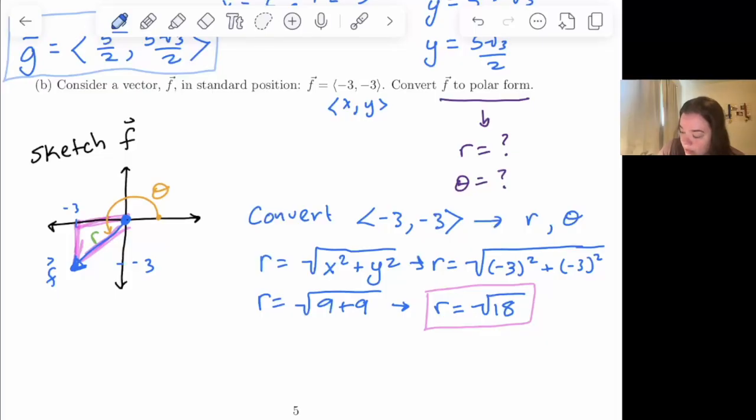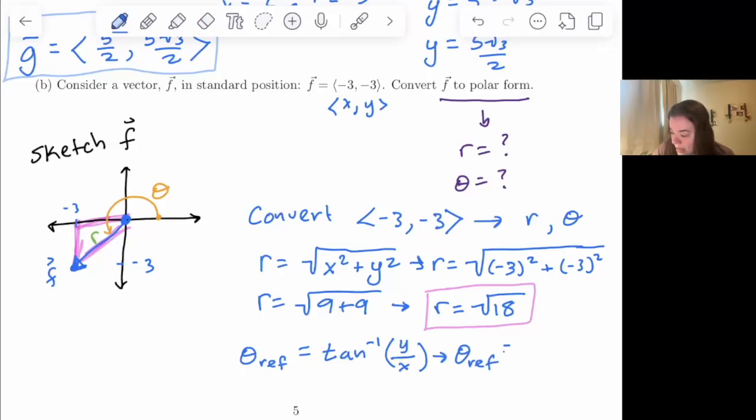You'll see in the conversion factors listed, the theta reference angle can be found the following way. So the theta reference angle can be found by taking the inverse tangent or arctangent, depending on which notation you use, of y over x, again found with some right triangle trig. So this tells me that my reference theta, and I'm going to talk about what that reference means here in a minute, can be found by taking the inverse tangent of the y divided by the x, -3 divided by -3.